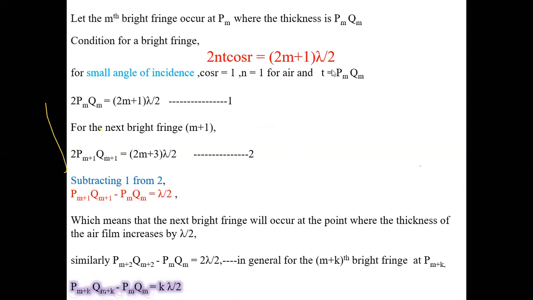And this is obtained from thin films. Interference at thin films, the condition for bright fringes. Mu is the refractive index. t is the thickness of the film. r is the angle of reflection.